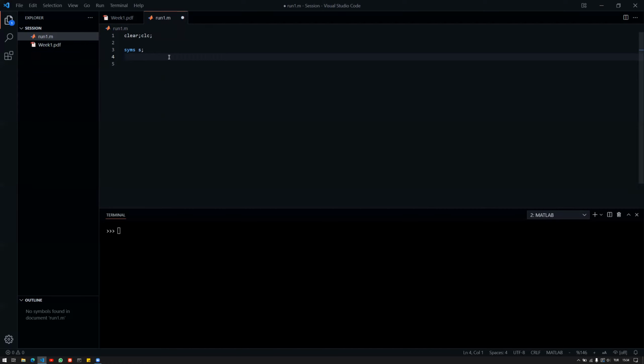If I define a transfer function that is symbolic, I'm going to use an extra s here. For example, 1 divided by s plus 1 is a symbolic expression. This is not even a transfer function object, just a symbolic fraction.